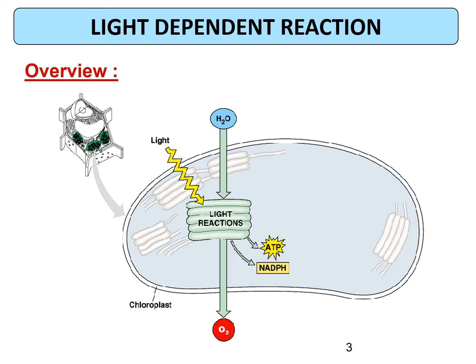For light-dependent reaction, the pigments on the thylakoid membrane absorb the light energy, the photon, and use H2O to produce ATP and NADPH, also oxygen as the byproduct.